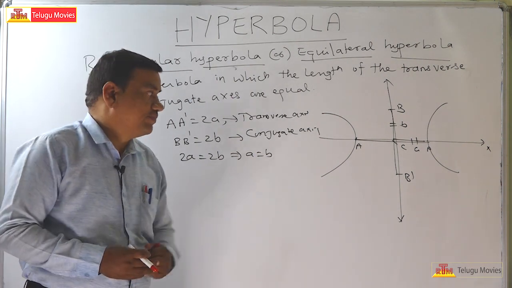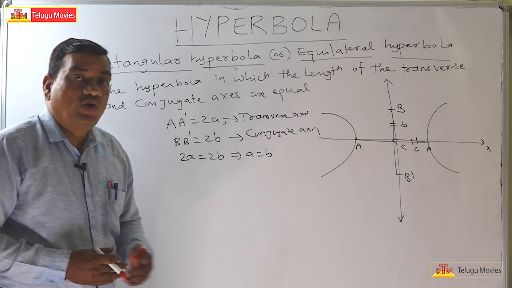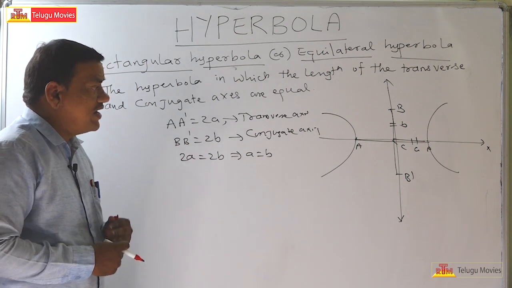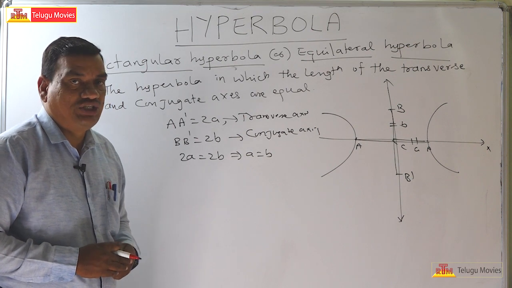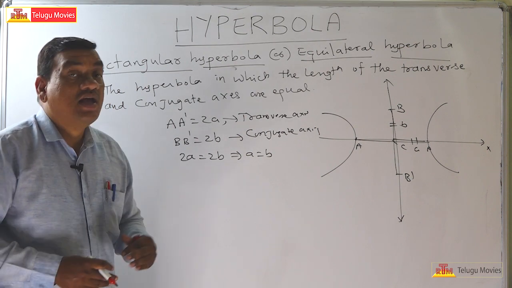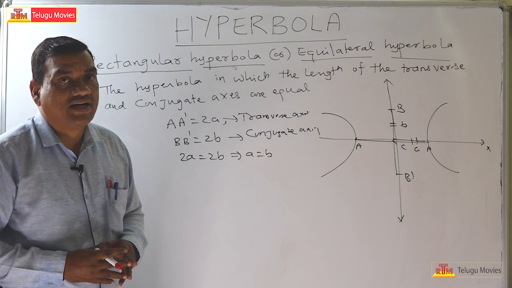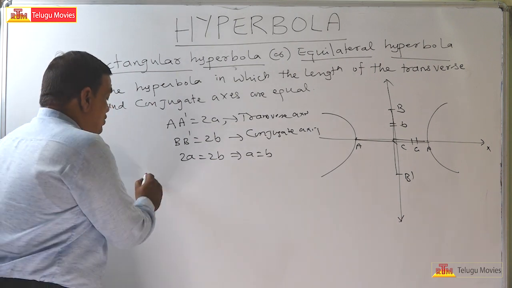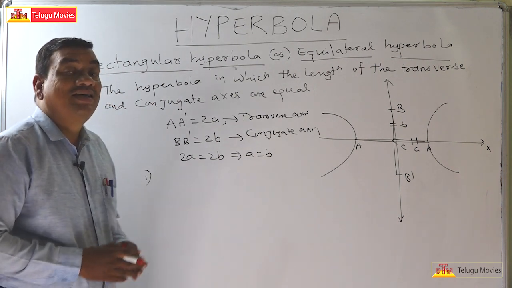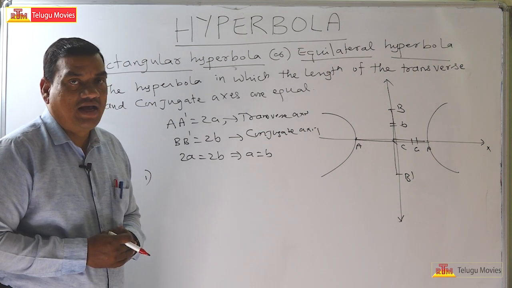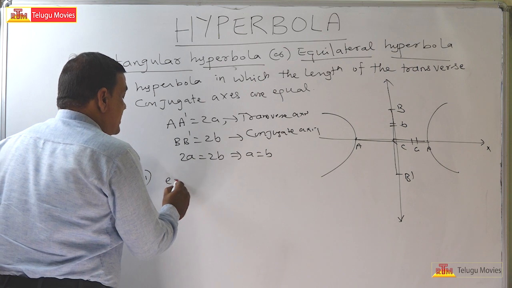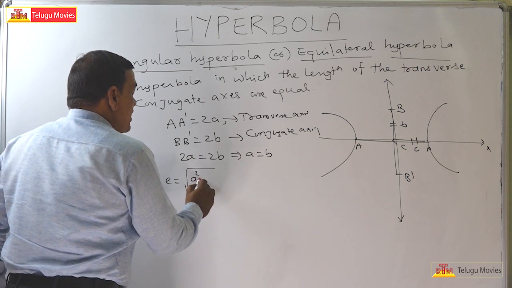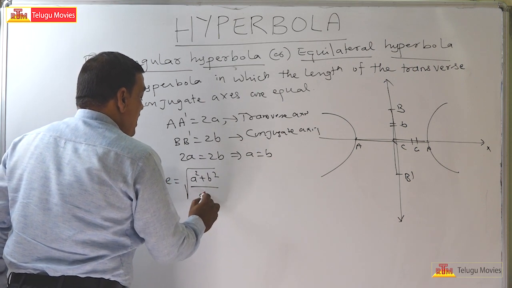Now, for the rectangular hyperbola, first of all you should know its eccentricity and its equation. The first one is the eccentricity. We know that for a hyperbola the eccentricity is the root of (a square plus b square) by a square.